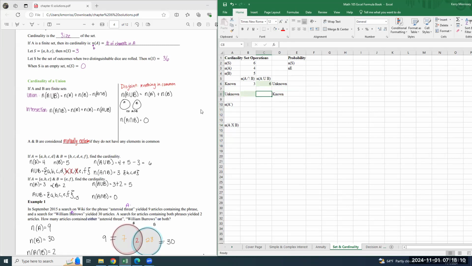A and B is equal to all of A plus all of B, and then minus the overlapping. I'm putting it in the wrong one, I'm sorry. We should say minus this value here. So we'll say equals all of A plus all of B minus C8.